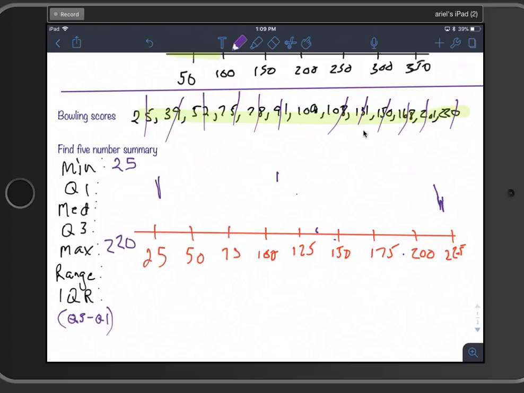So then we're going to find the actual medians between here and here. So we would cross these off again, and the 2 middle numbers are 52 and 75.